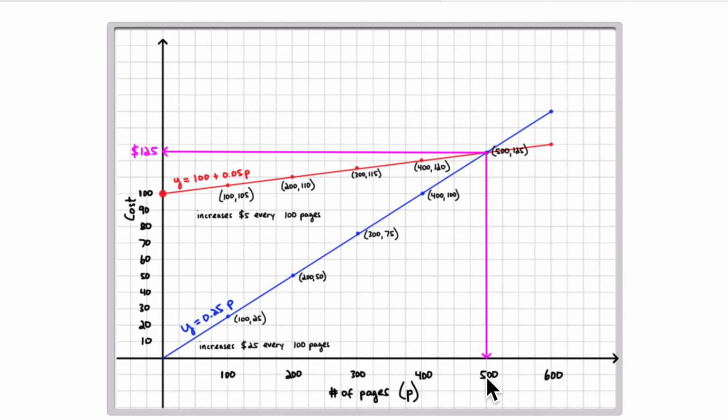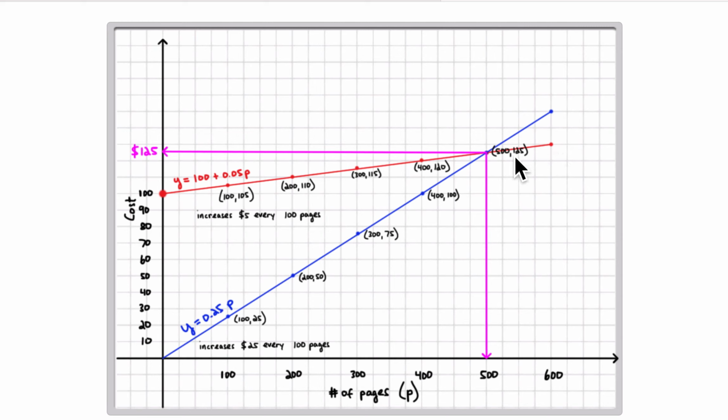So if you're going to print 500 pages, it doesn't matter where you print it. It's going to cost you $125 to print at home or $125 to print at the store. But if you're going to print more than 500 pages, it's going to cost you less to print at home than it's going to cost you at the store.